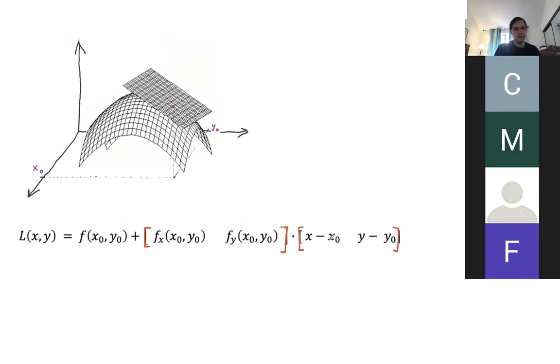Then I have to push this plane up to this point of interest, which is f of x0, comma y0. Let me call this function L of x, y. The textbook uses L because this function can be thought of as a local linearization of the surface.